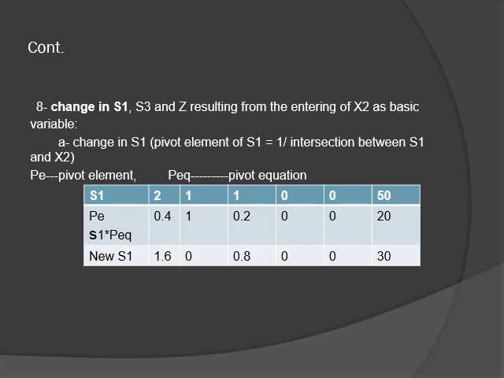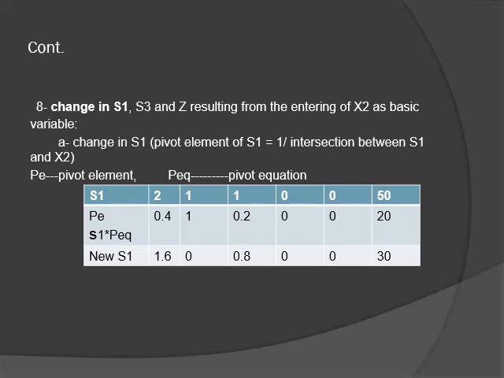The first row copies the values of S1 as given in the primal table. Let's check the pivot element of S1.